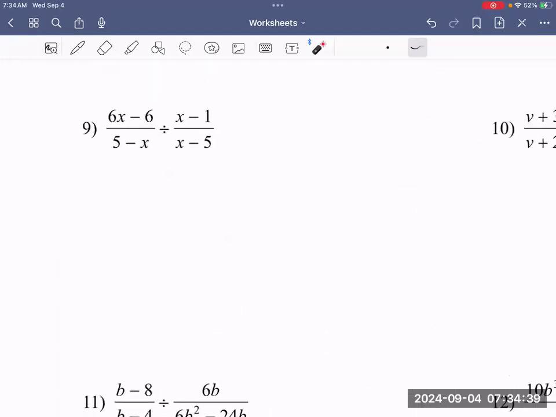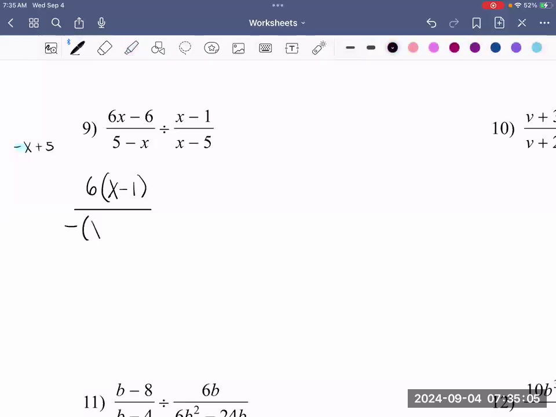All right, we'll do it again over here. On your numerator, you both have a 6 in common, so we can take that out. X minus 1 is left behind. And on the bottom, it looks like we have a negative leading coefficient. So if we were to rewrite the bottom, we should have negative x plus 5. Now with a negative leading coefficient, we don't like that. So instead, we're going to factor out the negative and change your signs.